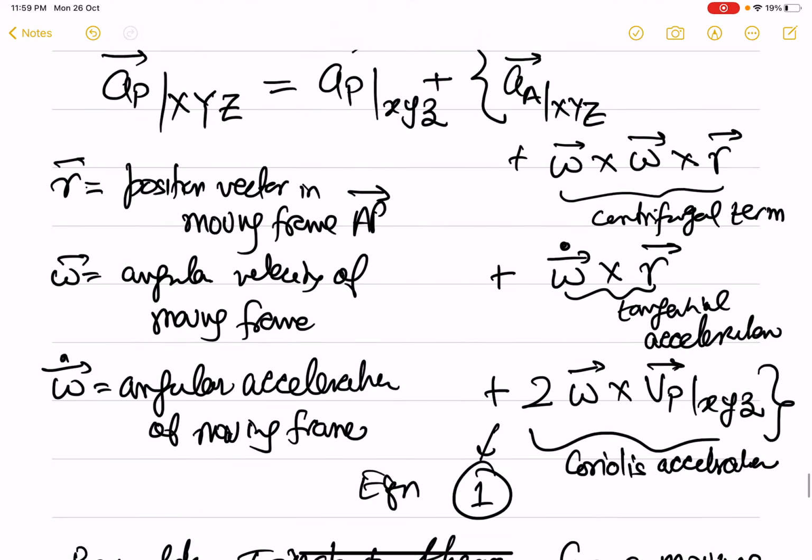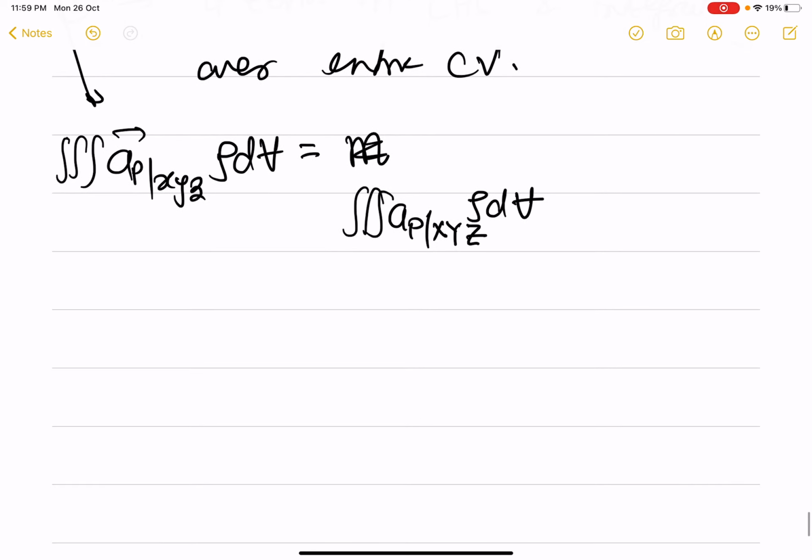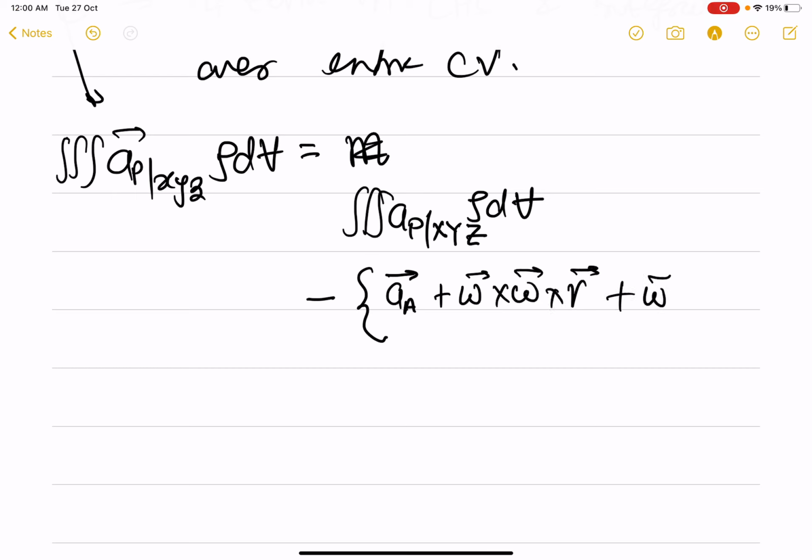So when I take these 4 terms on the left hand side, what I will get is minus, because I have changed sides, the integral of the first term, AA. The second term was omega cross omega cross r. The third term was omega dot cross r, plus 2 omega cross Vp with respect to small xyz.